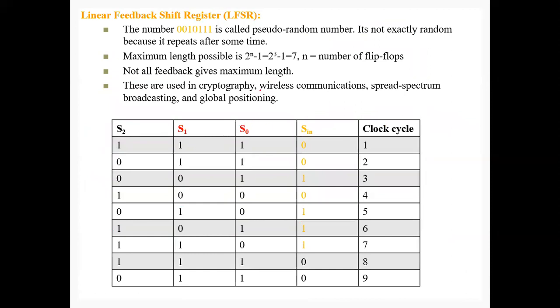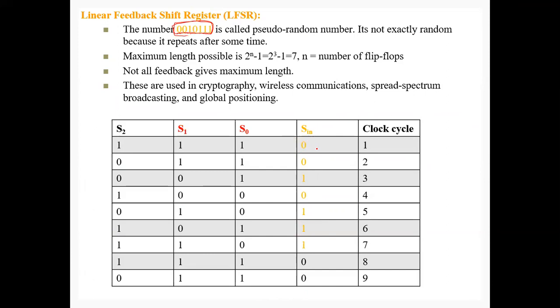Okay, so these are called pseudo random numbers. So now we have the random number 0, 0, 1, 0, 1, 1, 1. This number is called a pseudo random number. Okay, so now the thing is, what is the length of the random number you can get?